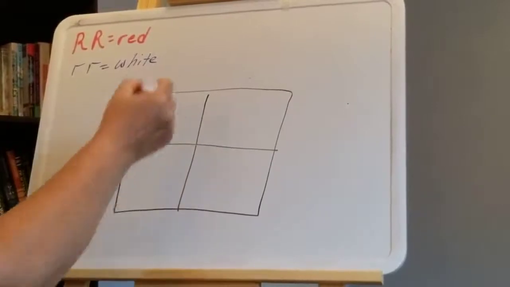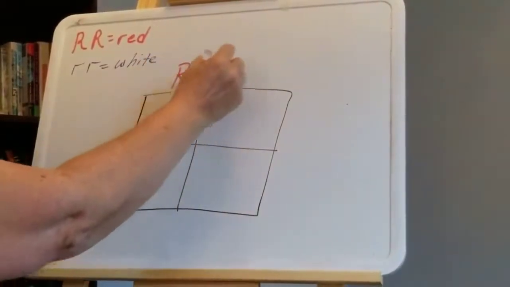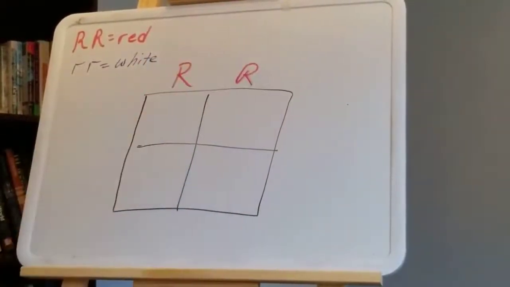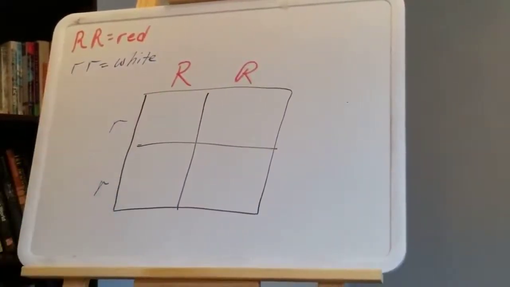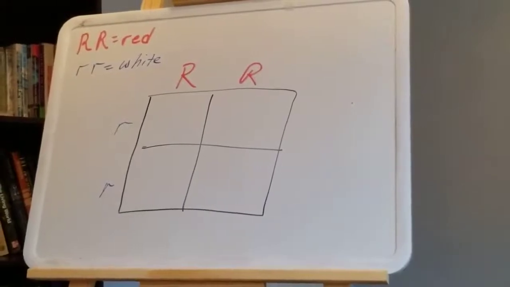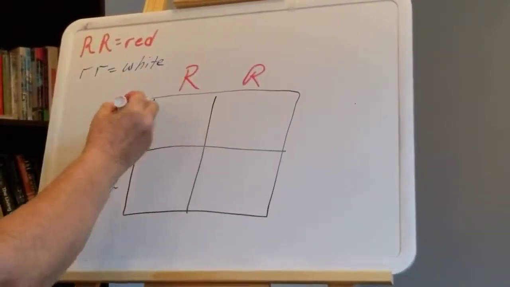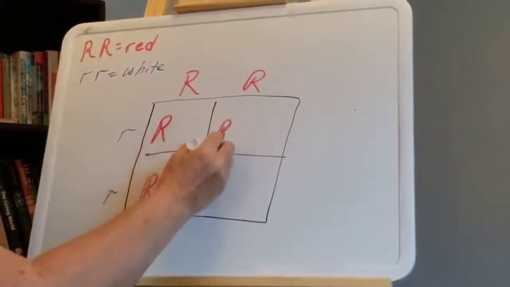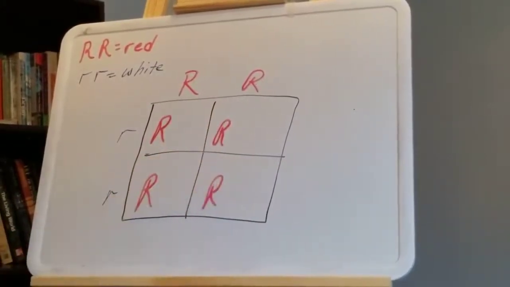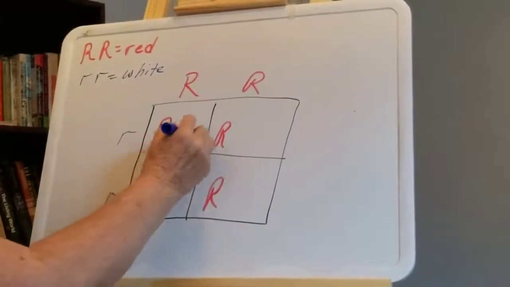So if we put the red flower up here, so big R, little r, the other parent down the side. You still fill in the Punnett Square the same. Bring those columns down. Bring the rows across.